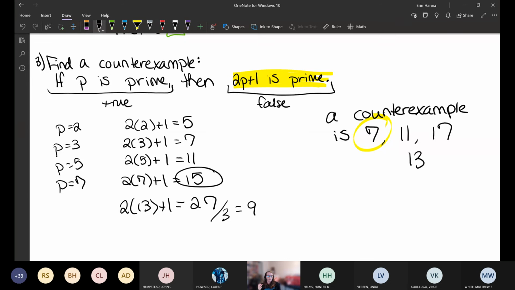So it can depend. It might not always be prime, but whatever that first statement is, that's what you're taking to be true. If it says for all real numbers, then you just take any number. If it says for integers, you just take integers. And then that back piece is the thing that you want to try to make false. Does that make sense? Okay, so the back piece can be either the prime or the not prime one.